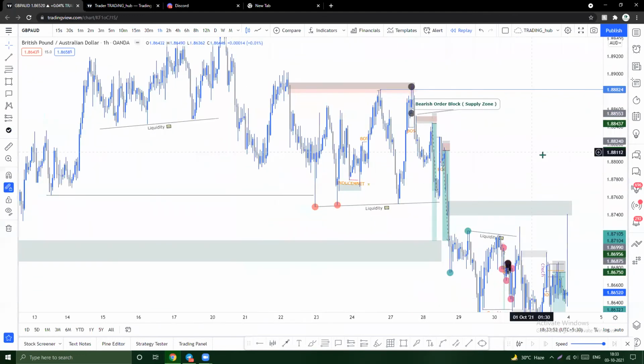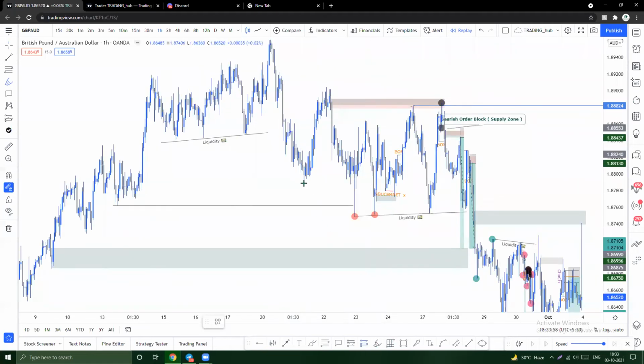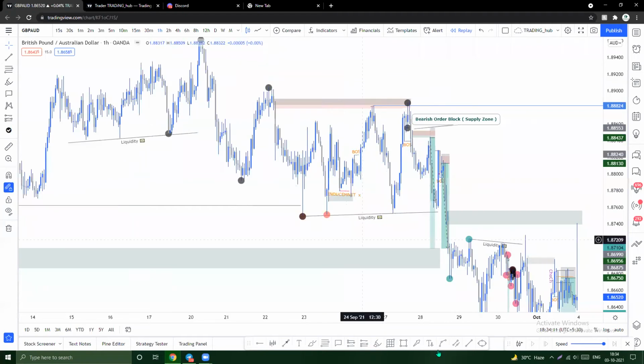This one is our 1-hour structure, right? And I see the market momentum is bearish, and the market is creating lower lows to the downside, and I was expecting that price would test this supply zone.